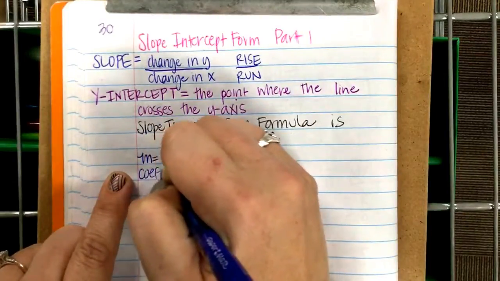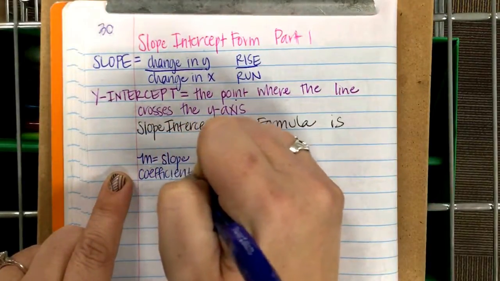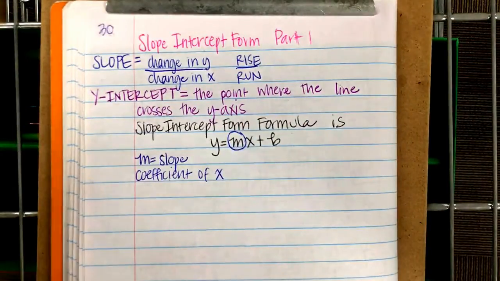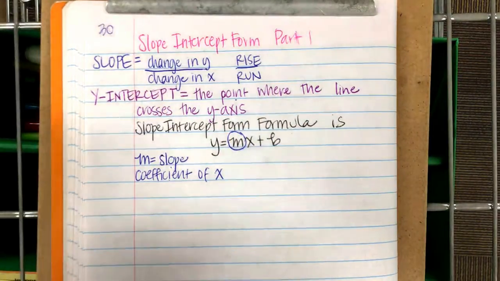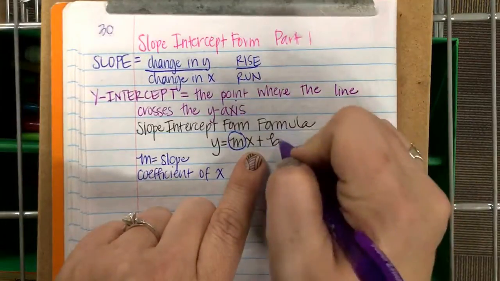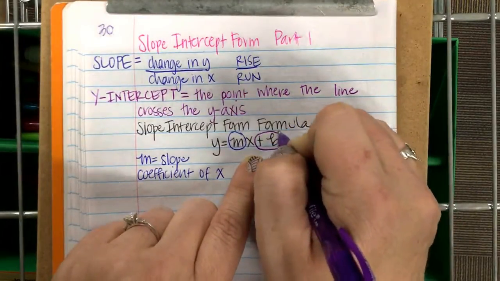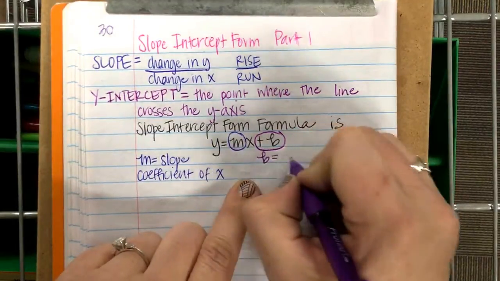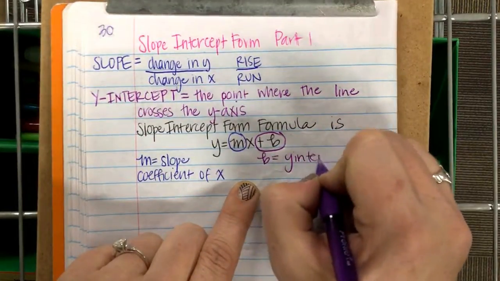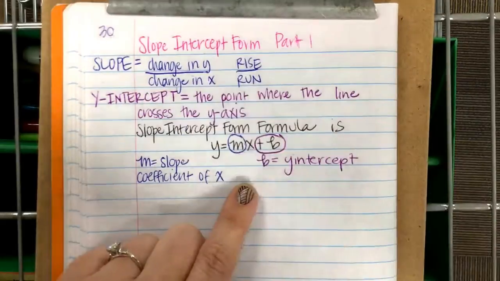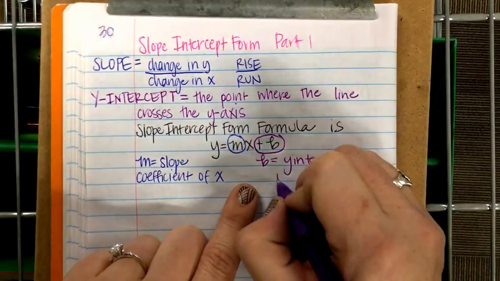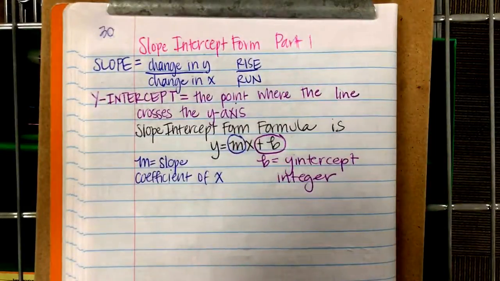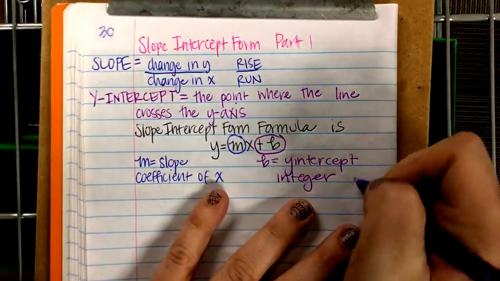It's the coefficient of x. And if it's plus or minus, include that value, that plus or minus. The b is the y-intercept. It's the integer. It's the plus or minus number, right?